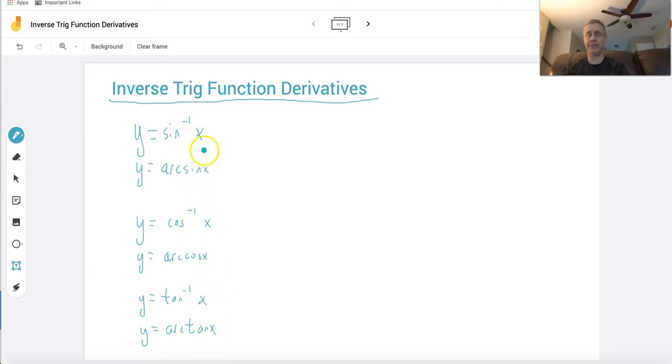The other thing I want to make note of is the fact that we have this -1 after each of our respective trig functions, and again, that means the inverse of those respective trig functions. So please don't consider this to be equal to this here. This here means we are raising the sine function to the -1st power, which a way to rewrite that would be to take the sine function and bring it down into the denominator of a fraction.